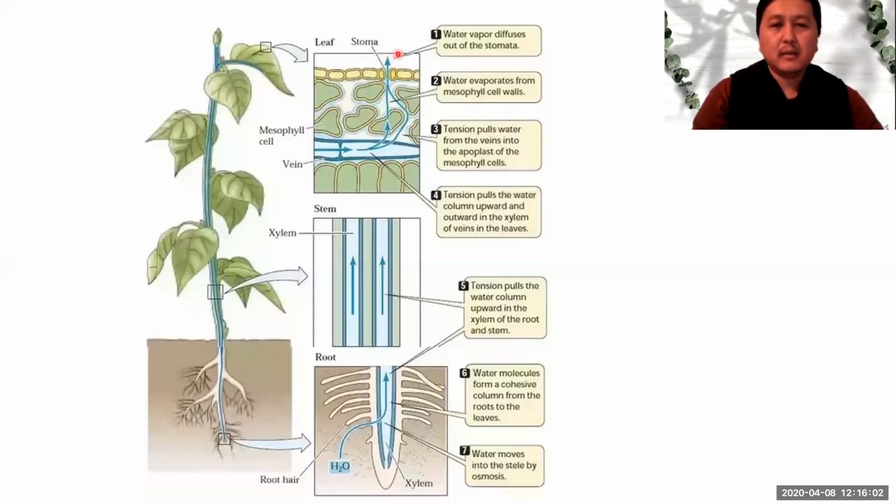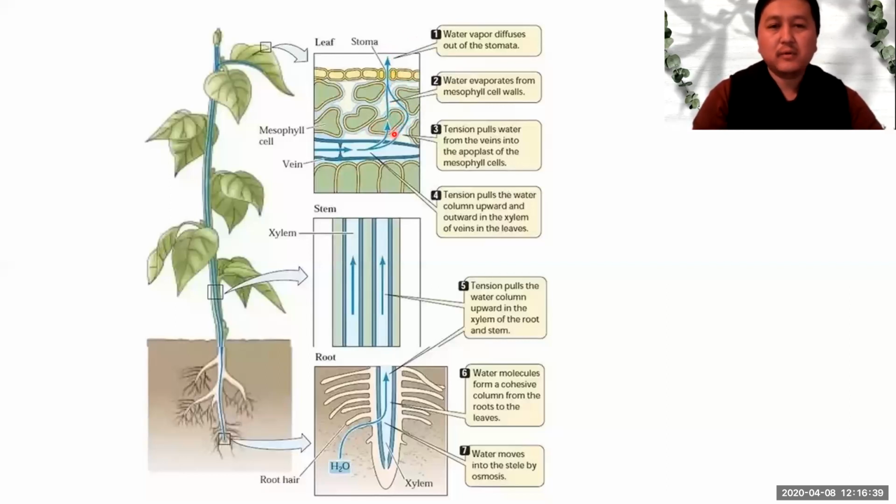Let's look at how transpiration occurs. Water molecules diffuse through the stomata in the form of vapor. Around these cells, on the surface of the cells, there are wet places, a wet film of water.